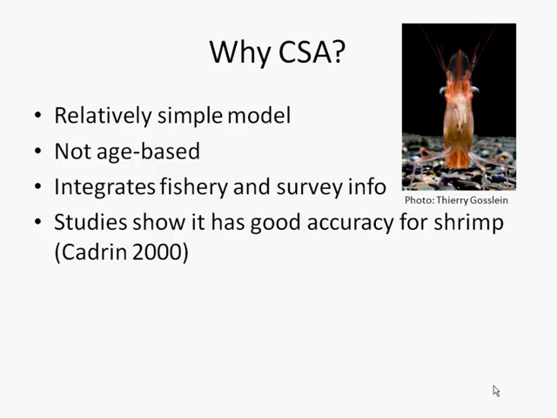The other thing is that it integrates both fishery and survey information, and that's important. Those are our two primary sources of information, and so we want to use them both. And the other thing is that Steve Cadrin did a lot of work testing these models on simulated data, so he would create data where you knew what the answer was, and then he would run the models and see if they came close to the answers that you knew it should be, and they performed very well.